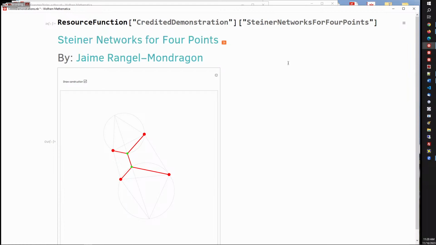So these Steiner networks are often seen in soap bubbles because they minimize surface area for the soap films. One way, if you took these 4 points on nails and dipped that into soap film and pulled it out, it would make this network as a soap film.